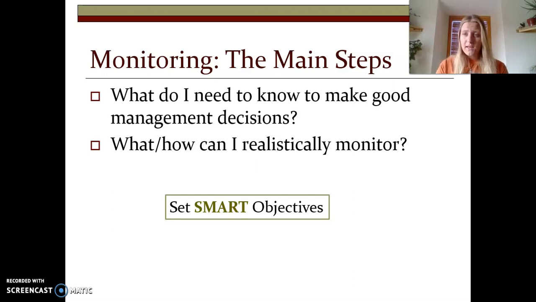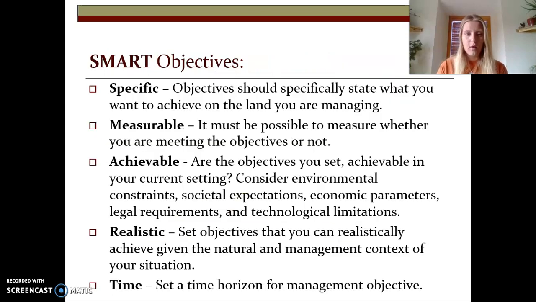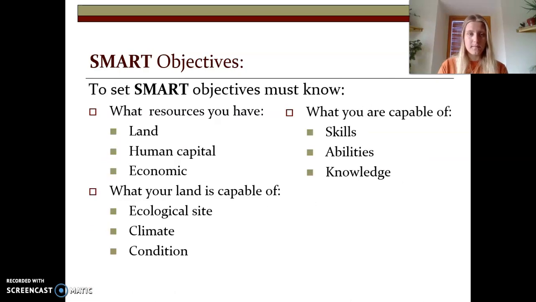SMART objectives are used, and we talked about SMART goals in class a little bit. Remember, SMART goals are going to be specific, measurable, achievable, realistic, and time-bound. You have to have a time limit on everything, a time stamp on everything, so that you are able to evaluate how well your objectives are working, given that specific situation.